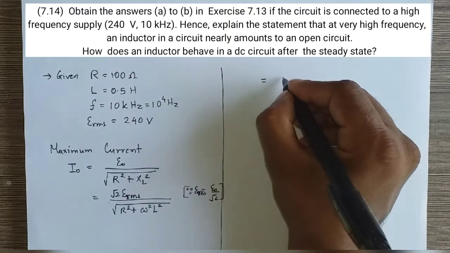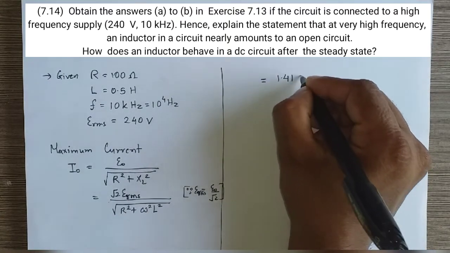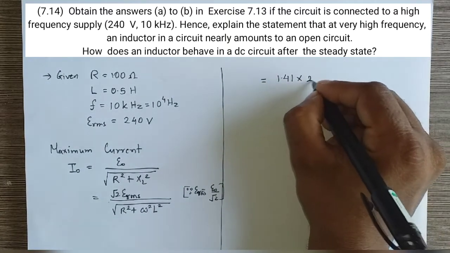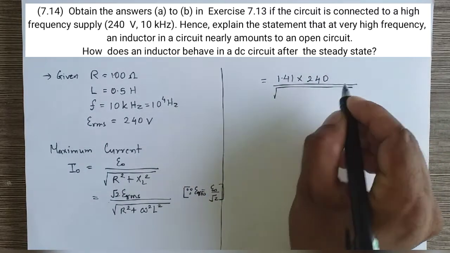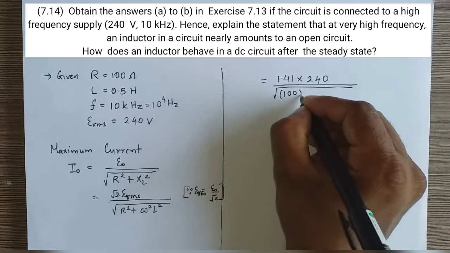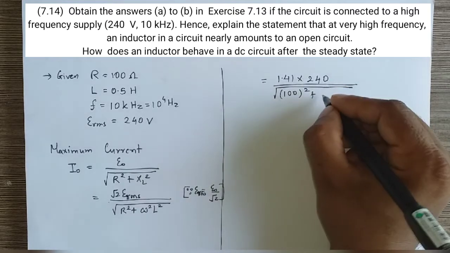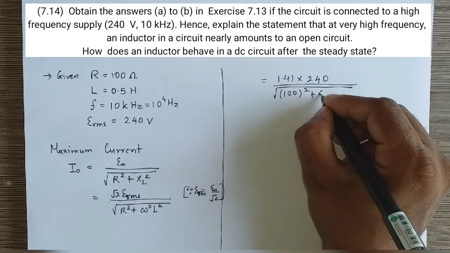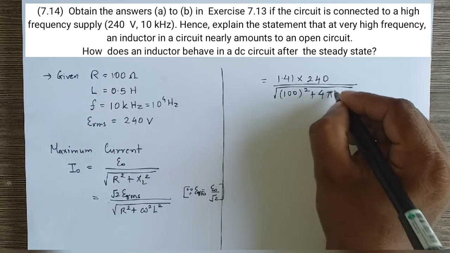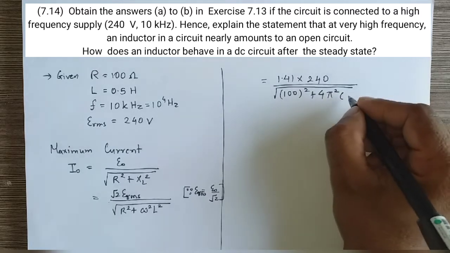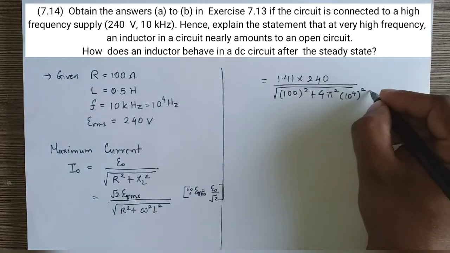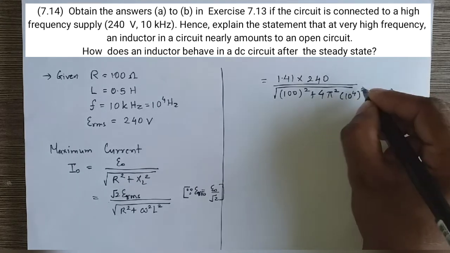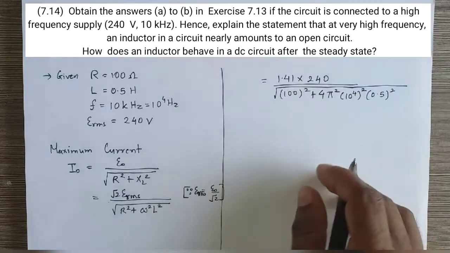Now substituting values, root 2 is 1.41, epsilon RMS is 240, divided by root of R square, where R is 100, its square, plus omega, which is twice pi f, so 4 pi square, f is 10 raised to 4, squared, into L square, so 0.5 squared.